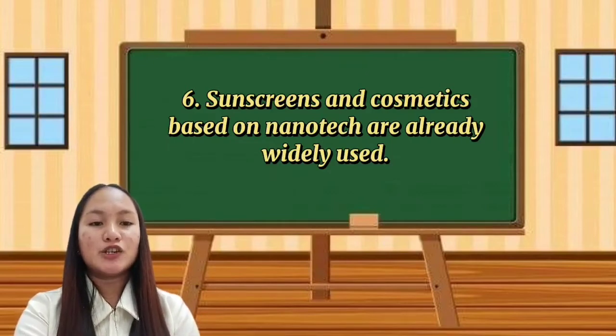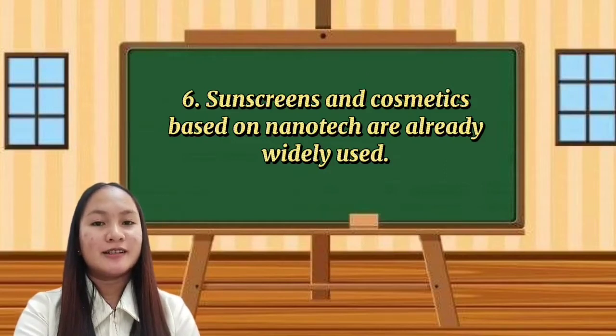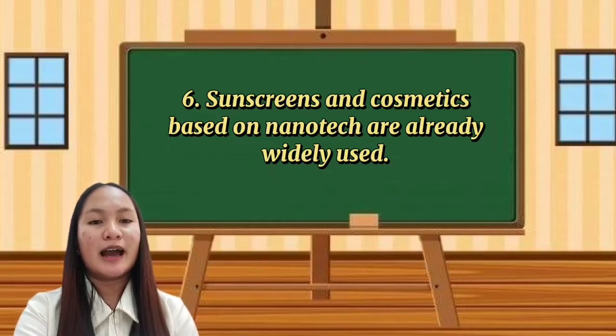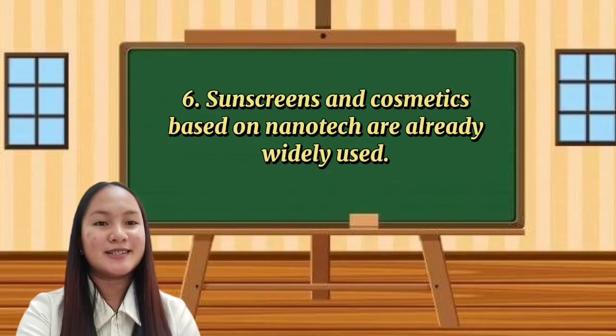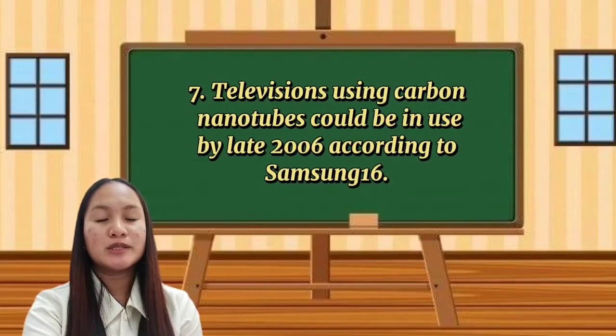The nano formulation of these materials have been shown repeatedly to give much better performance than larger particles, reflecting visible light and absorbing UV with very high efficiency. And last, television using carbon nanotubes could be in use by late 2006 according to Samsung.